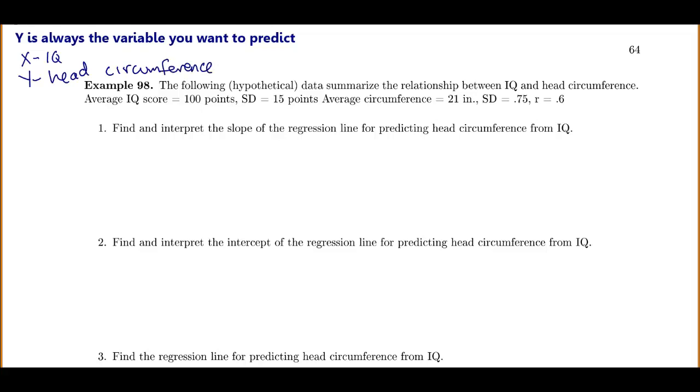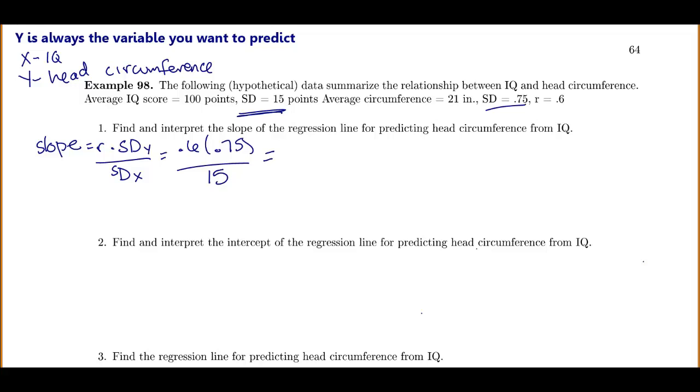So number one, find the slope. My slope is equal to r times the standard deviation of y over the standard deviation of x. So our correlation is 0.6. Our standard deviation of y, remember y is head circumference, so the standard deviation of head circumference is 0.75, divided by the standard deviation of x. Standard deviation of IQ scores is 15. This gives me 0.03.